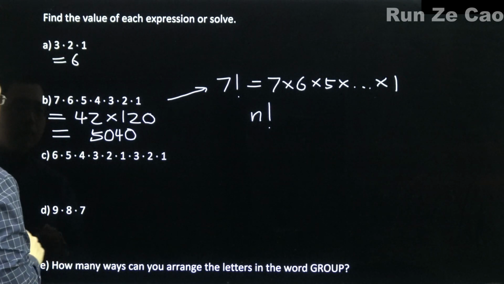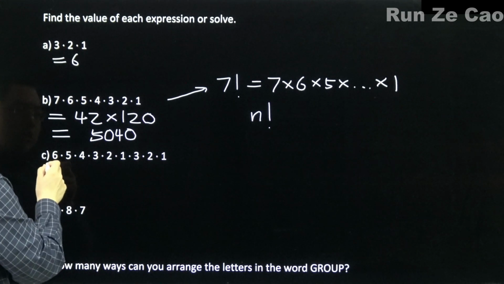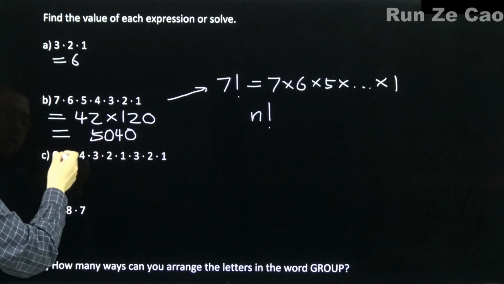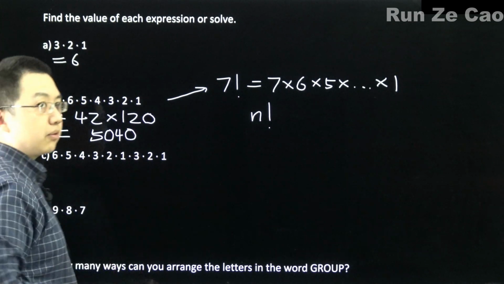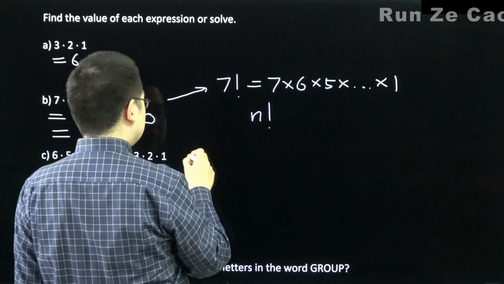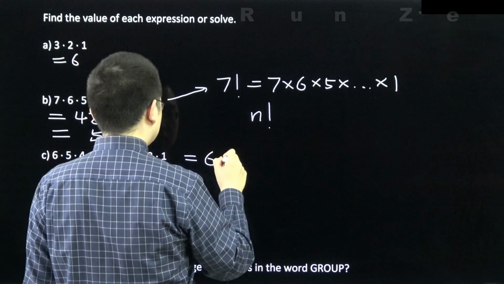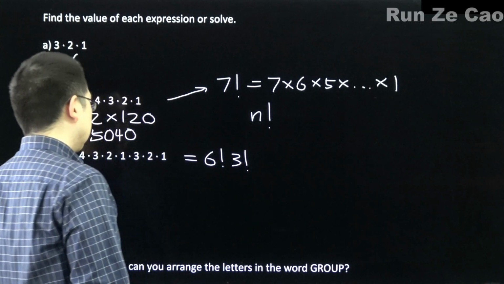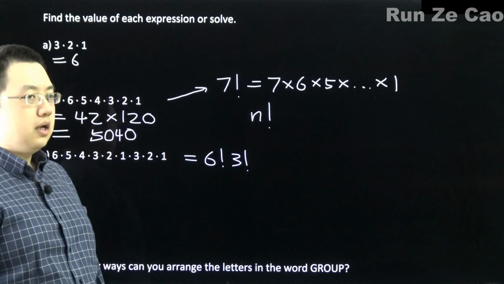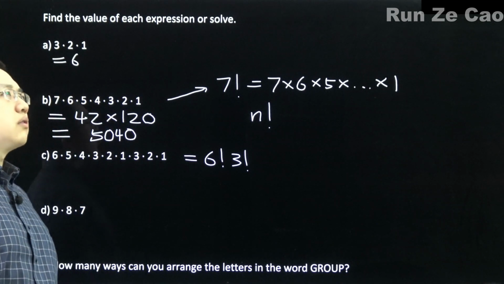Okay, then, what happens if you do 6 times 5 times 4 times 3 times 2 times 1, and then times 3 times 2 times 1? Well, this is actually equal to 6 factorial times 3 factorial. But that's not very helpful to us, is it?